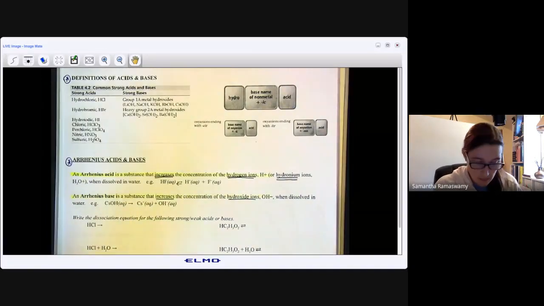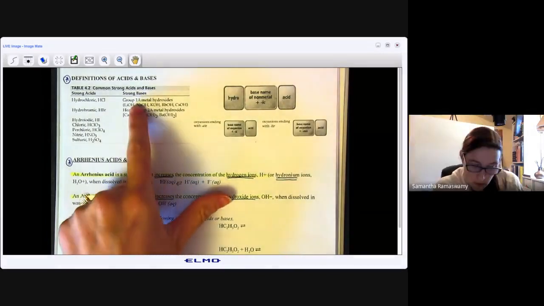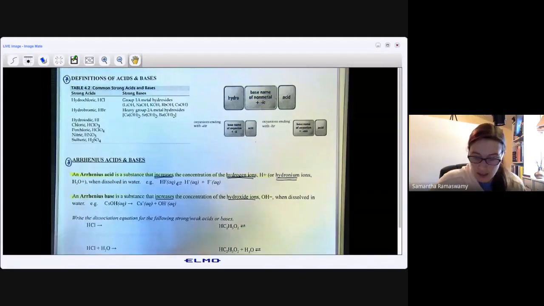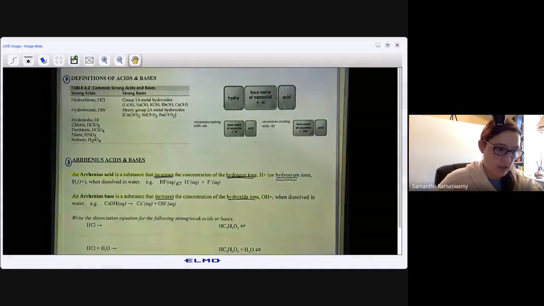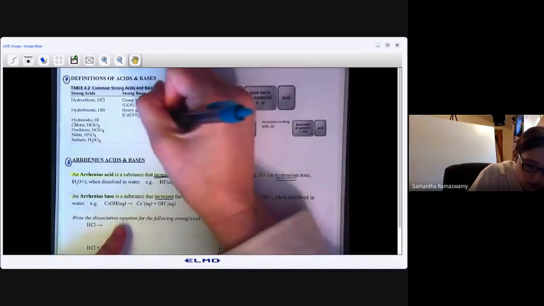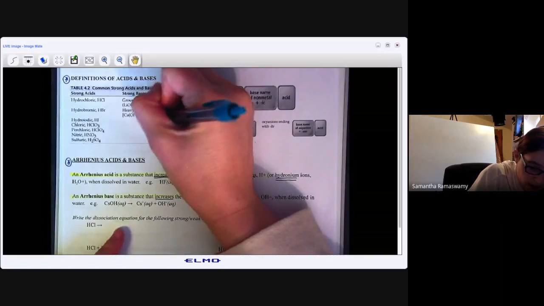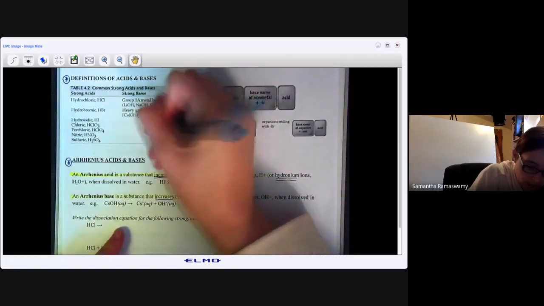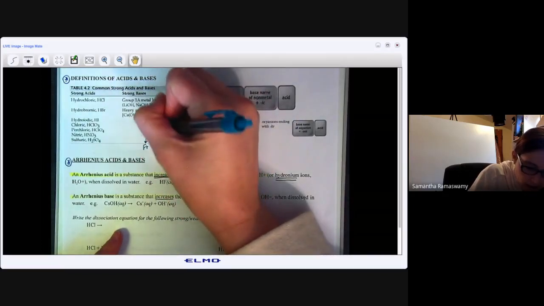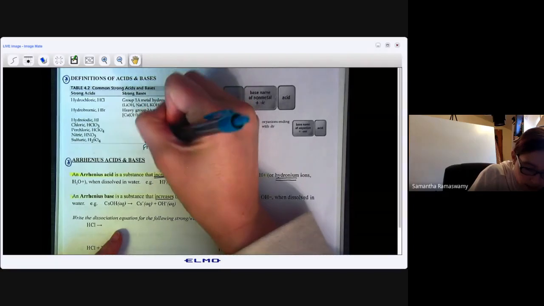Strong bases are group 1 metal hydroxides and heavy group 2. If you remember, that's just the B on the periodic table. Think of the periodic table: we don't worry about hydrogen, but we go lithium all the way down to francium, and then calcium all the way down as well.